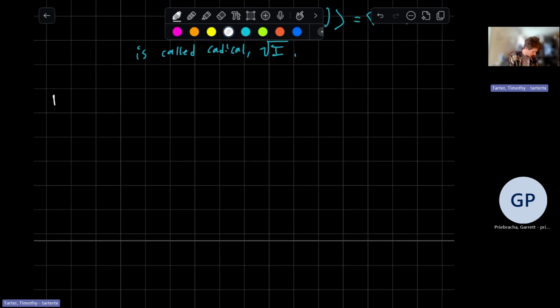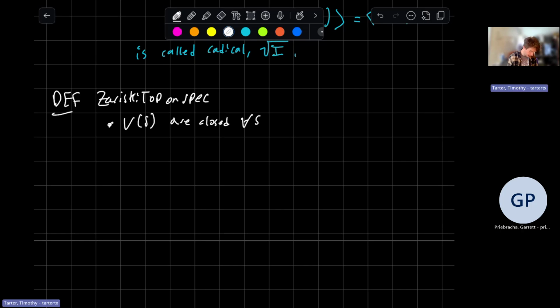We actually were going to do a quick definition of the Zariski topology. The Zariski topology on Spec A: varieties V(S) are closed for all S. And this is a topology.